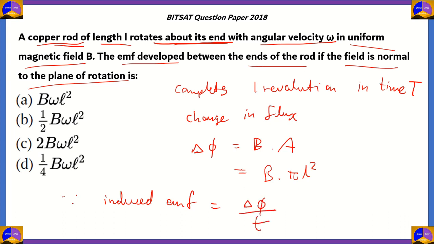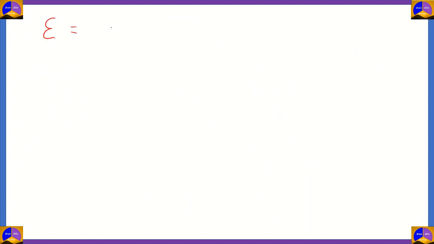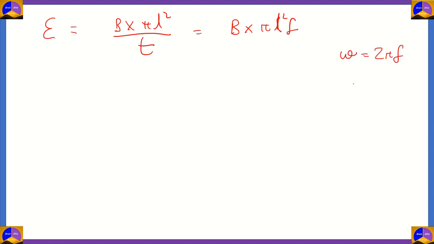So therefore the EMF E is equal to B times pi L squared divided by T. So 1 by T can be taken as the frequency, the linear frequency F. Now, since the angular frequency omega is represented as 2 pi F, we can write F as omega divided by 2 pi. So therefore, the EMF is equal to B times pi L squared times omega divided by 2 pi.